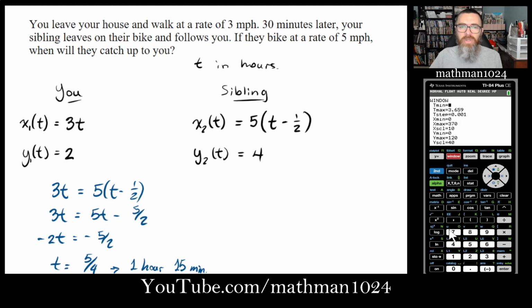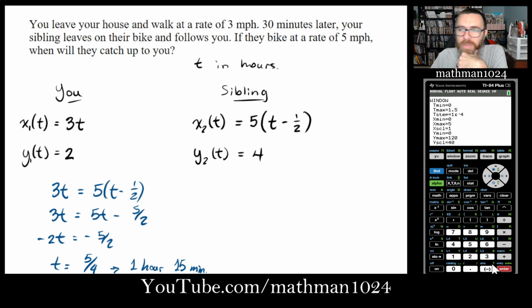For the window, it looks like we're only going to maybe 1.5. So let's go 0 to 1.5. Make this really small. The x-min is 0. The x-max, you're only going to be walking for 1 hour and 15 minutes, so let's say 5 miles is the farthest you walk.